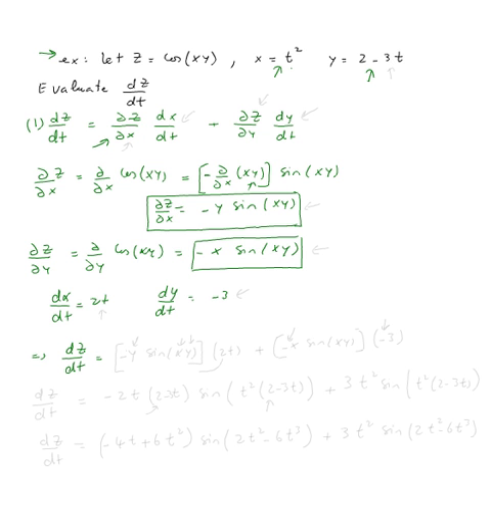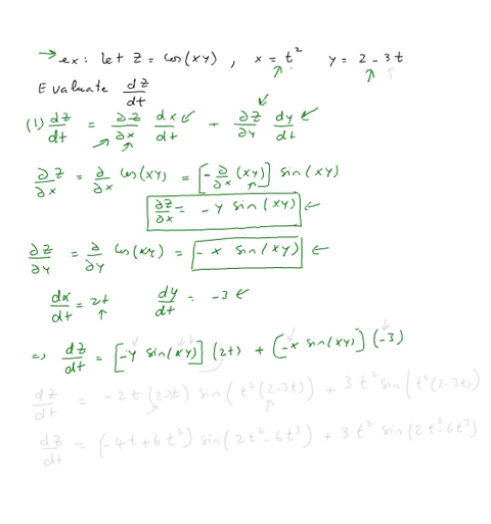Now therefore, let's call this number 1. dz/dt is equal to partial z with respect to x, which is right here, minus y sine of xy, times dx/dt, which is 2t, plus partial z with respect to y, which is right there, times dy/dt, which is right here, times negative 3.